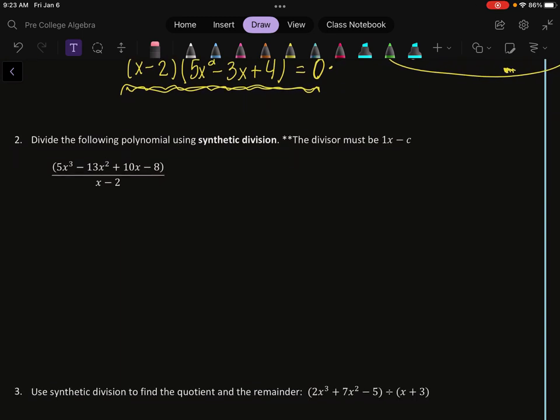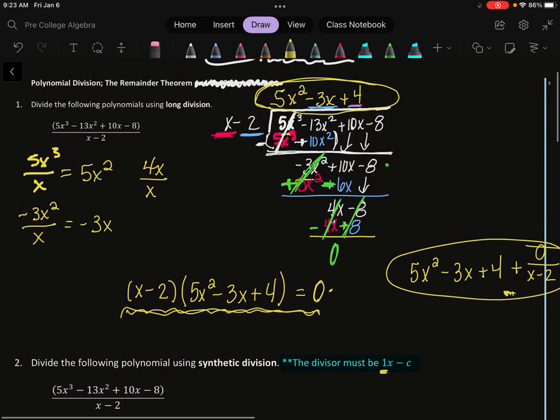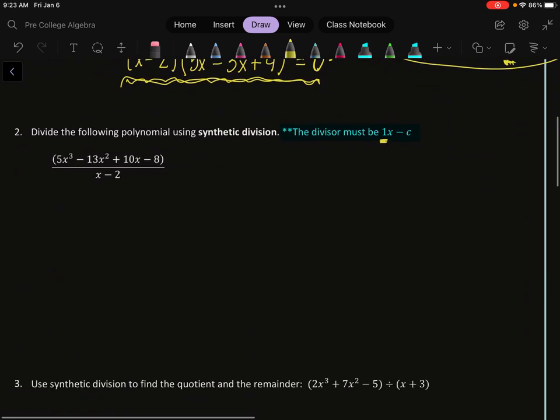This is a key thing, that the divisor must be 1x minus c, which is a constant, meaning that the coefficient of x must be 1. Kind of like this guy right here, that coefficient was x minus 1. We're doing the same exact problem, but we're now going to do it synthetically.